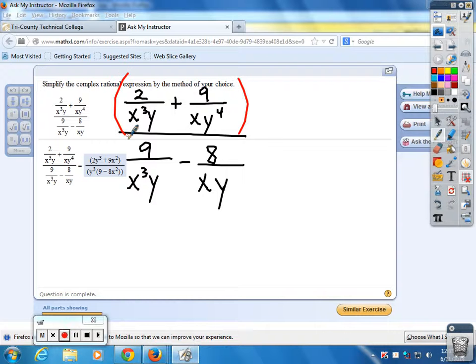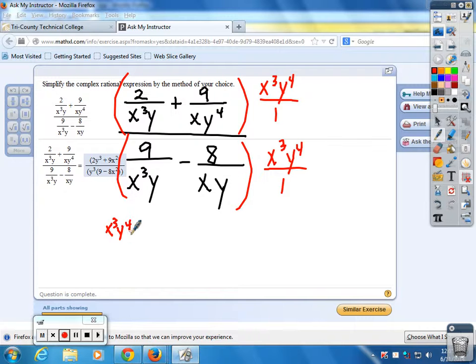Highest exponents. X cubed y to the 4th.